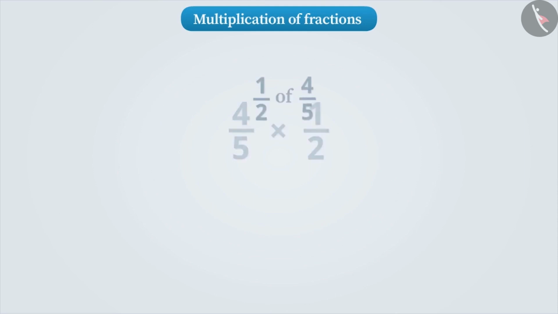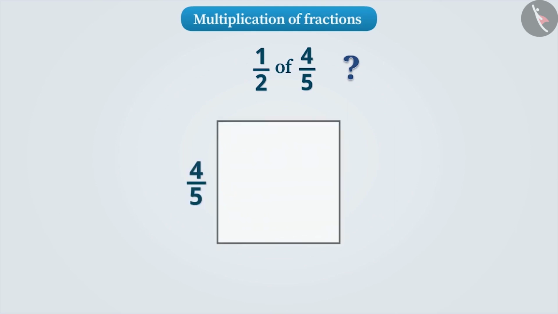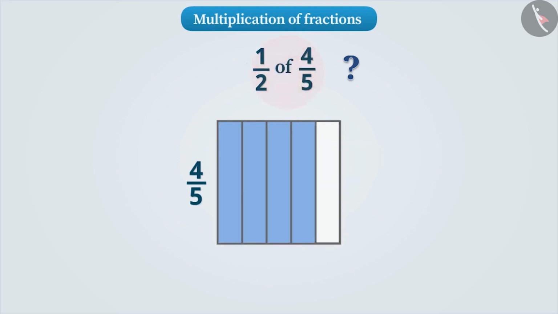Suppose we have to find out how much is half of 4 by 5. Let us find out. Here, the fraction 4 by 5 represents 4 parts out of 5 equal parts of a whole. To find half of it, we will create two groups of these 4 shaded parts and take one group out of them. This group represents half of 4 by 5.